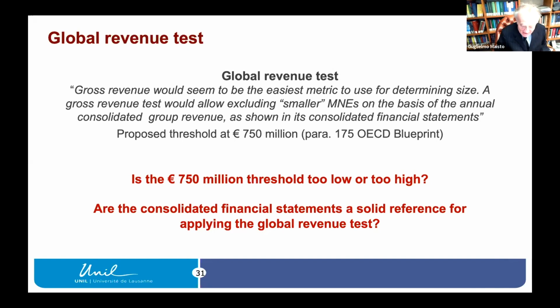Now, I believe, but that is my personal opinion, that one would need to start, because of the difficulty of the mechanism, with what I would call a pilot project, namely with a limited number of multinational groups to be included in the Amount A mechanism.